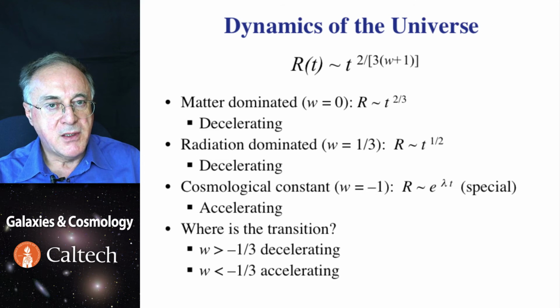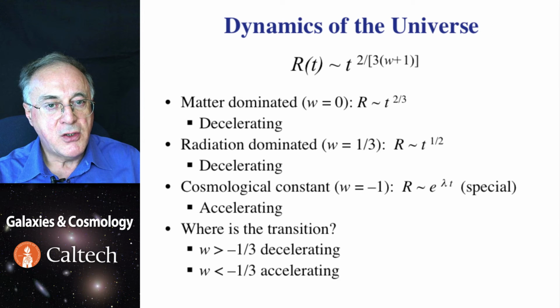Since that power is less than 1, the universe is decelerating. It's slowing down its expansion. This is intuitively obvious because the gravity of the matter pulls everything back. Just as if you were to throw an object up in the air, it will reach a certain maximum height while decelerating all the way there, and then of course it will turn and fall down.